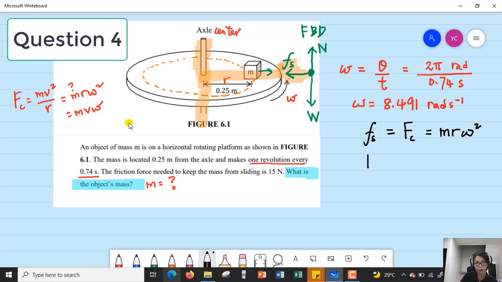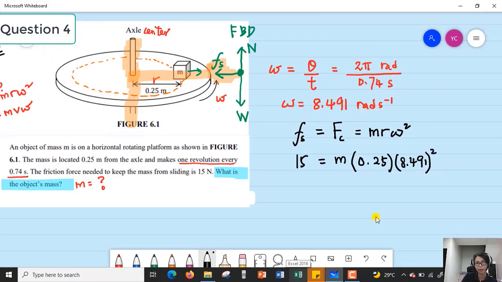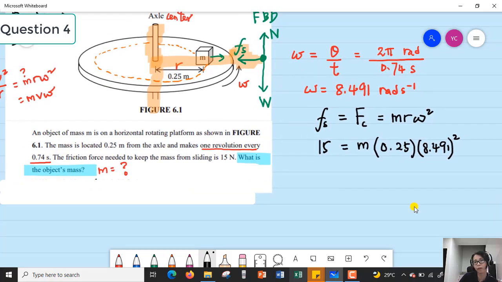The friction force is 15. The mass we want to determine, the radius of the circle is 0.25, the angular velocity is 8.491 squared. Okay, so now you can determine the object mass.